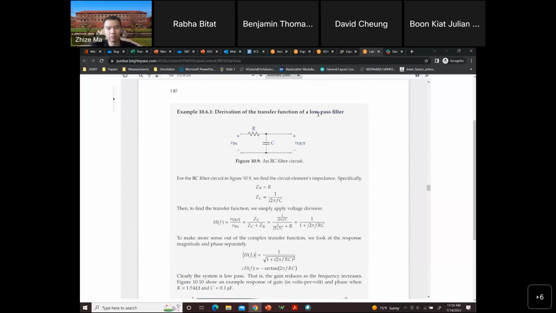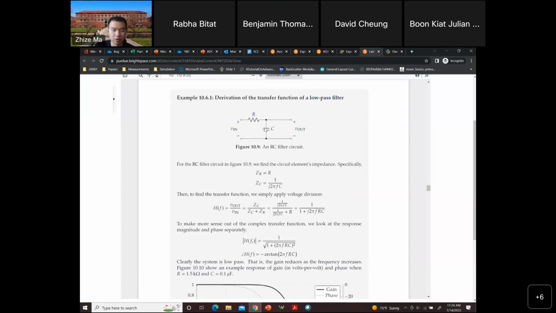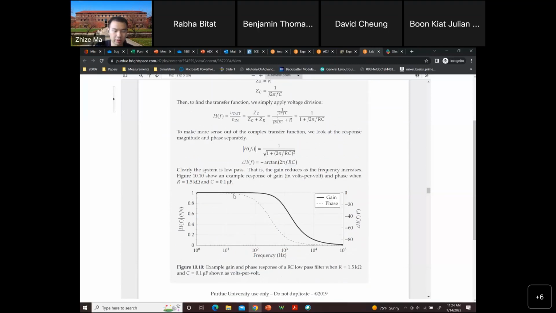We can see directly from the name, we want the low frequency signal to pass through the filter. That's why you can see here at low frequency, the magnitude is equal to 1. That means the output is equal to the input. This is the gain of the filter, or if you use the decibel scale, 1 is equal to 0 dB.